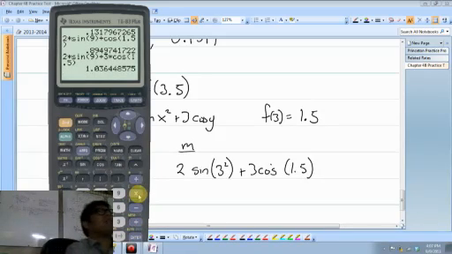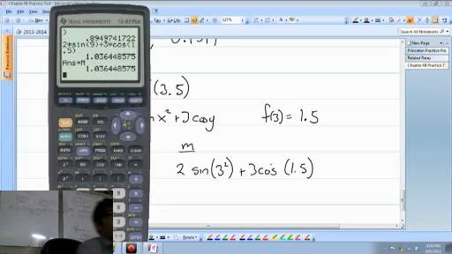Okay, so that gives me that as my slope, 1.036. I'm going to take that number and store it as m. I have a feeling I'm going to be using it. Make good use of storing. 1.036448.